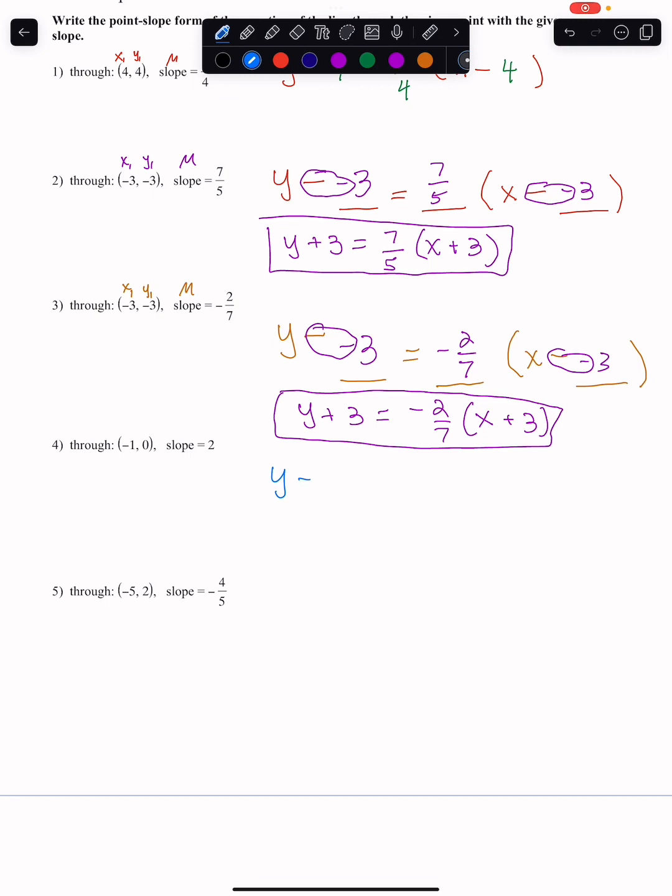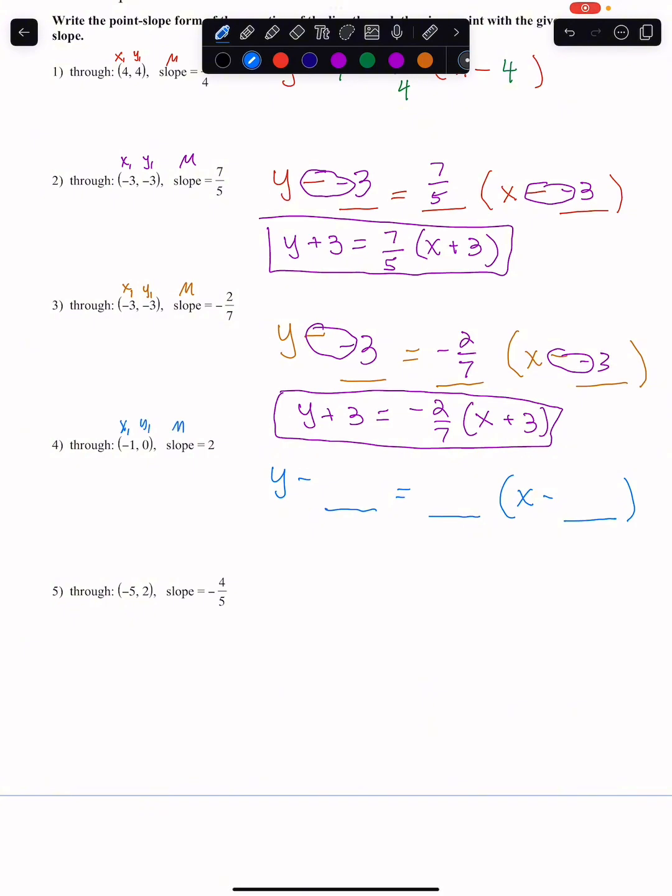So y minus blank equals blank, parenthesis x minus blank. Okay? Remember, the only thing that stays stationary are the x and y. Everything else we got to fill in. We got to fill in the x1, the y1, and also the slope.